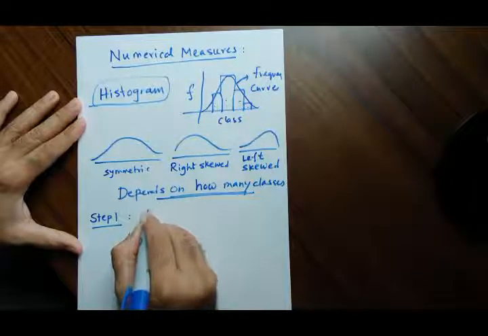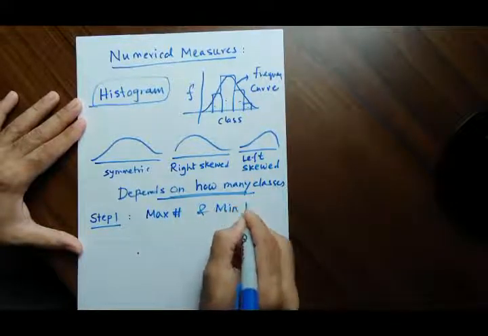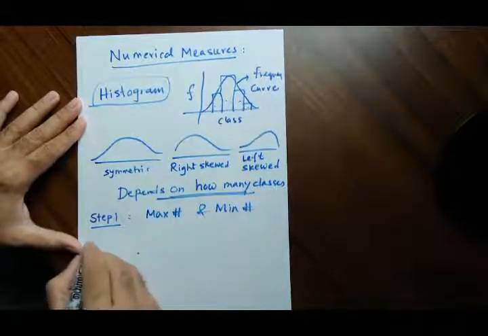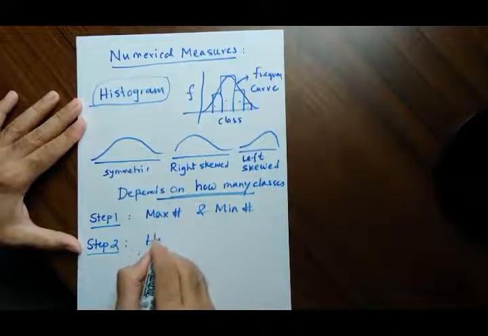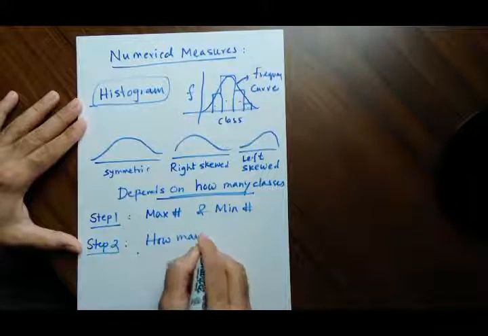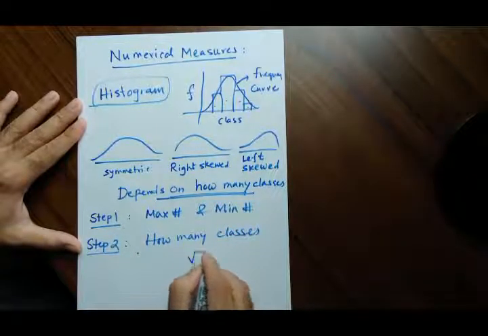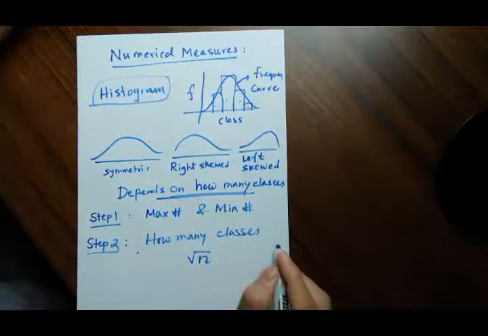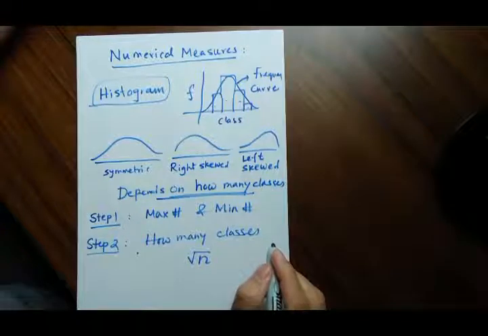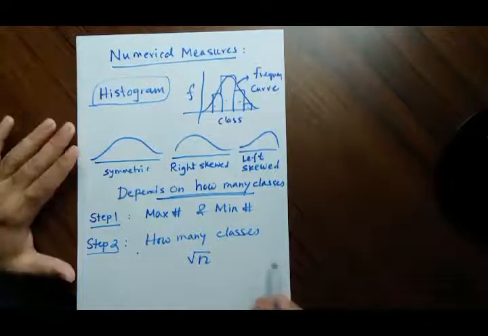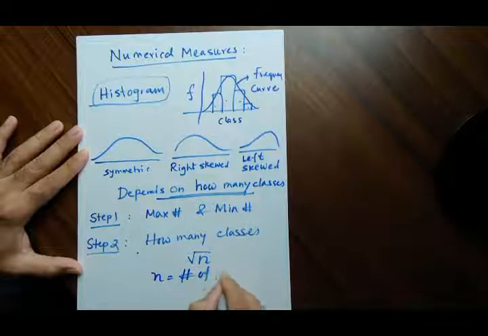Step 1 is find the maximum number and the minimum number from the data set. Step 2, how many classes? How many classes you want? That will be square root of n. How many classes you want should be a square root of n, meaning that n is how many samples you have.